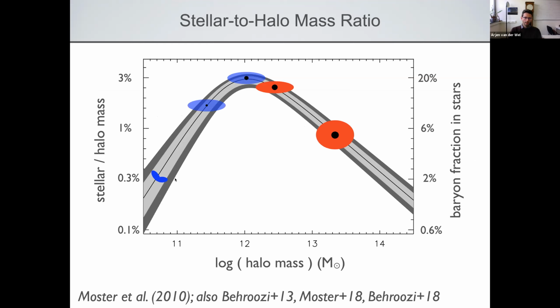And if I now draw my schematic view of galaxy formation onto this diagram, you have the low mass irregular galaxies here with a lot of feedback pushing down this conversion from baryons to stars to a low percentage. And the main formation phase here, then you reach the peak.